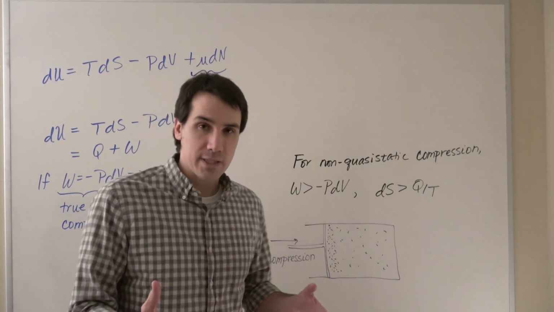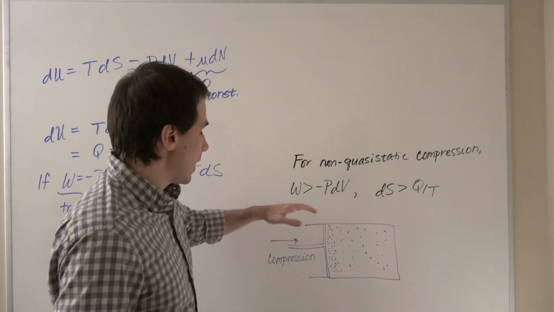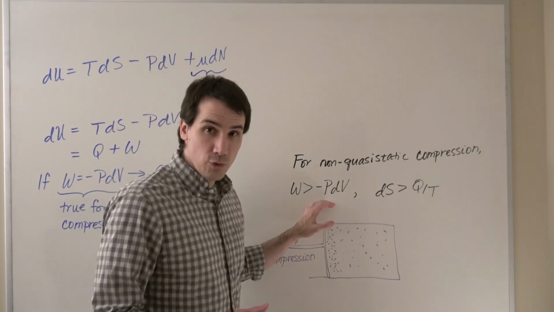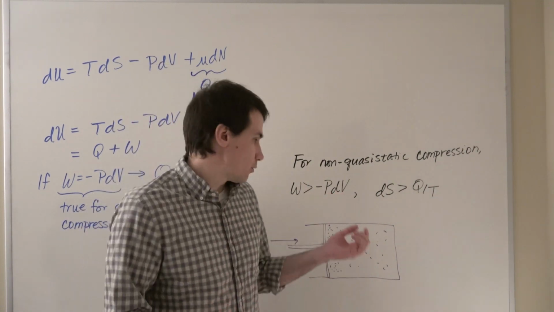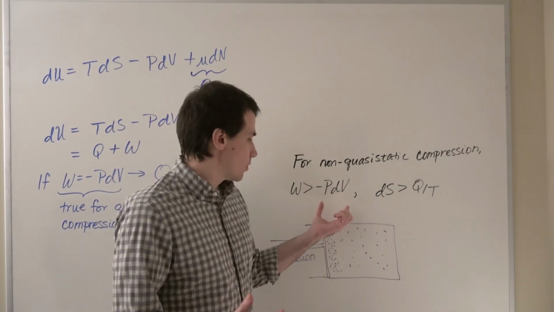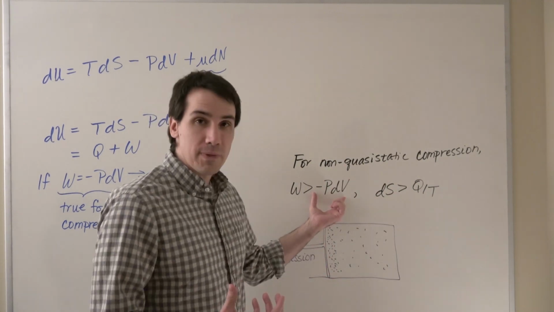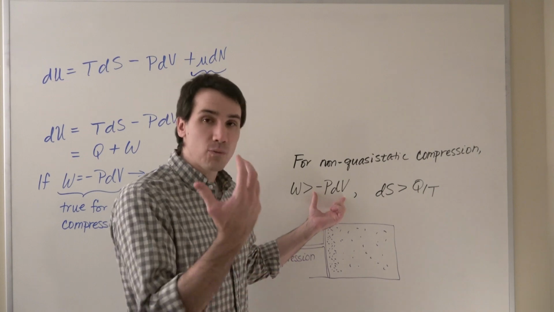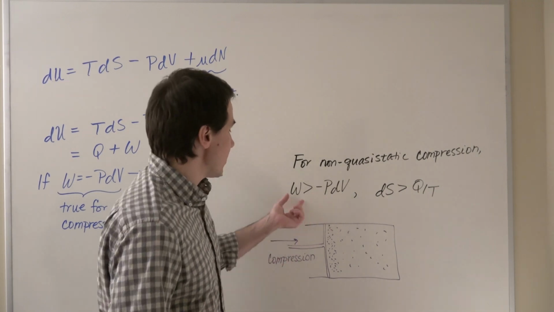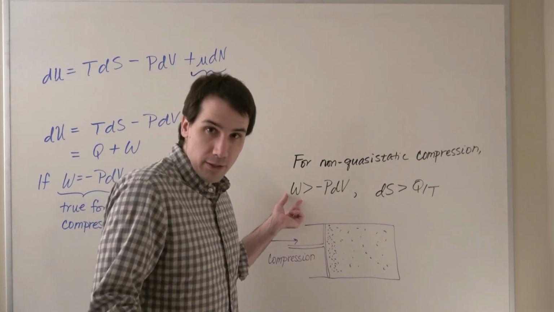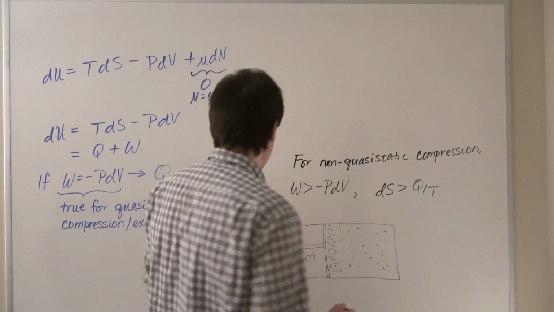If we did a non-quasi-static expansion, say we expand it very, very quickly, this equation would still hold true, but now our magnitude of work would be less than the magnitude of this. So your PdV in an expansion would actually be a positive value, and your negative PdV would be negative. You're expanding, you're doing negative work on the gas, but this would be a smaller negative value than it would otherwise be.